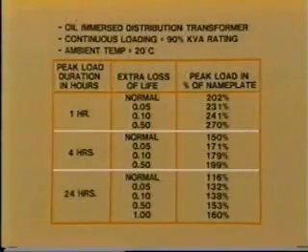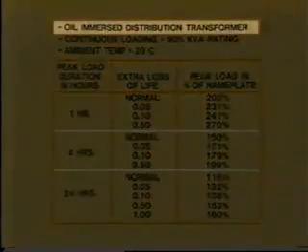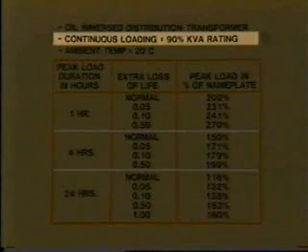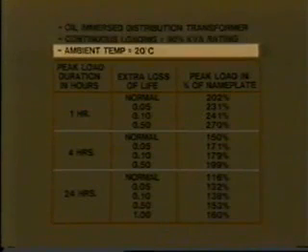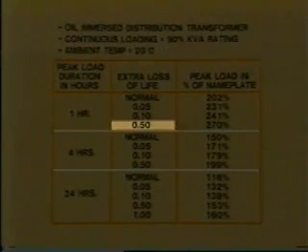Let's look at an example. Suppose we have an oil-immersed overhead distribution transformer operating at a continuous loading of 90% of its kVA rating. Suppose also that the ambient temperature is 20 degrees Celsius and we are willing to accept a 0.5% loss of life in addition to the normal loss of life.